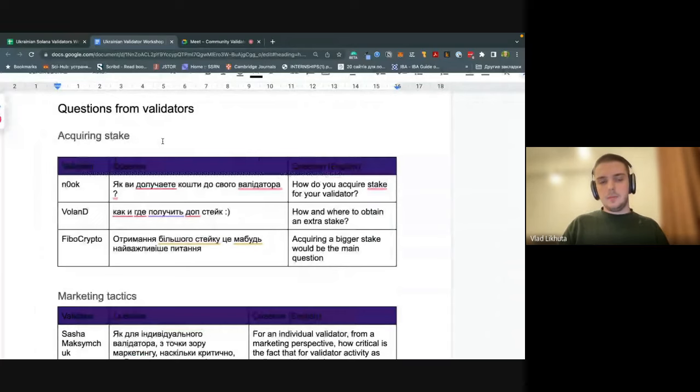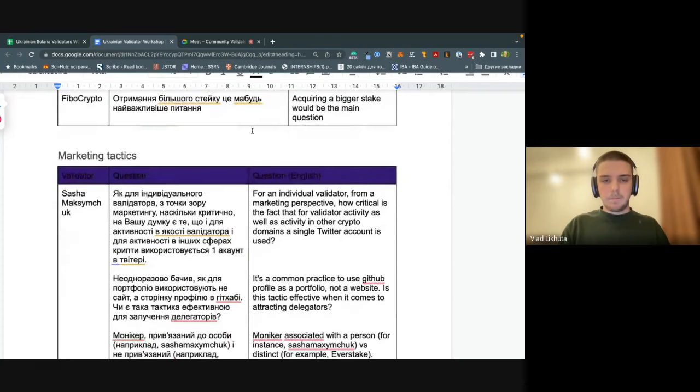So we asked them, what kind of questions would you like to ask? What exactly would you like to learn from us? That is how we came up with the questions in Russian and Ukrainian. Here they are in translation into English. They were mostly interested in how to acquire a stake, how to acquire new delegators, how to come up with a better marketing plan or strategy.